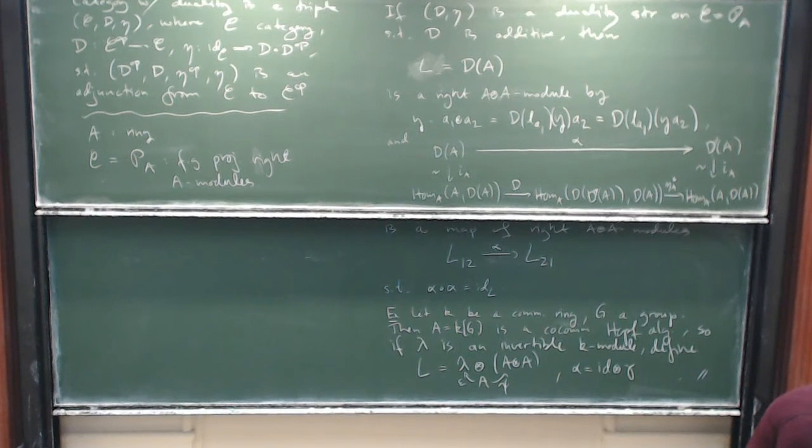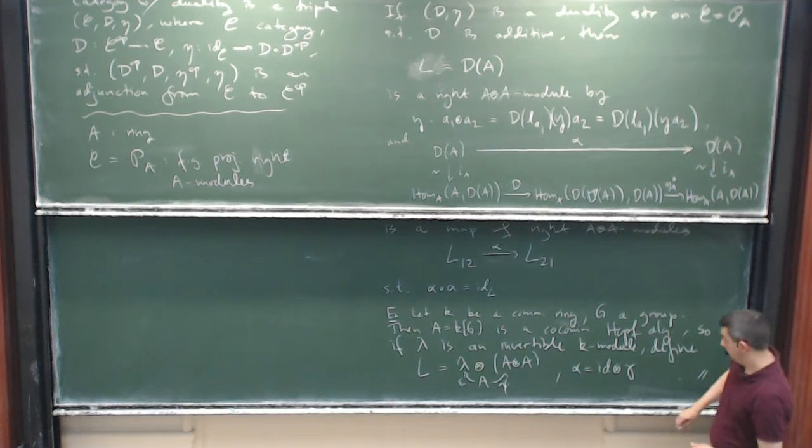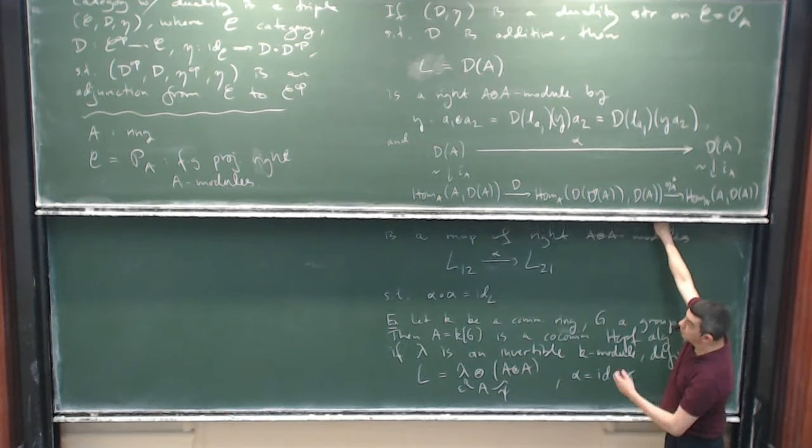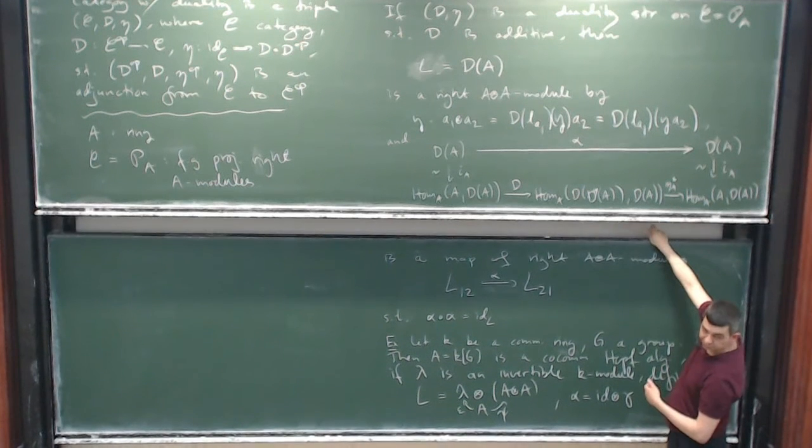Okay, so now if we have such a category with duality, it is exact if the category is exact and if the duality functor is exact.